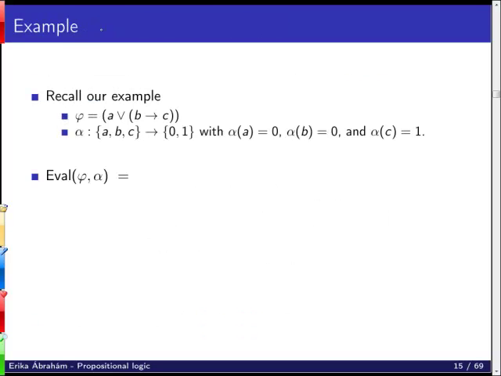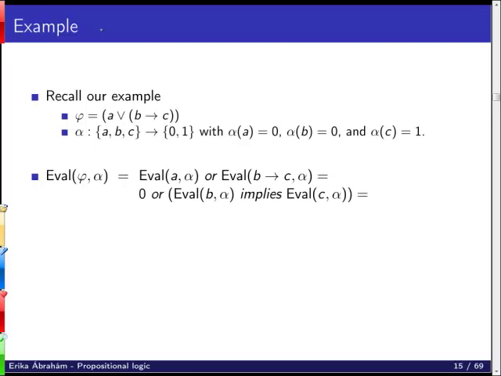Okay, so we already made an example, but here's another example for the evaluation function application. Now I have here a disjunction, A or B implies C. So first I call the evaluation function recursively on the first operand A and on the second operand, the implication. Then, of course, in order to evaluate the second one, I have to call it recursively again on the operands B and C and check if the first one implies the second one.